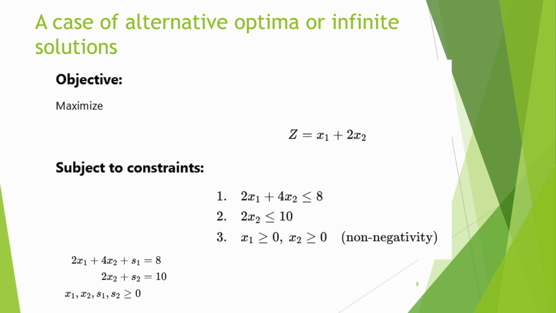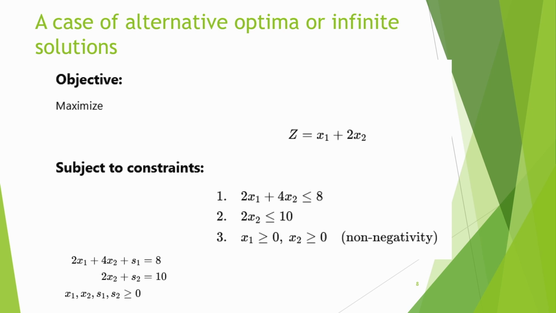Now I am discussing another case, a case of alternative optima or infinite solutions. Already we have discussed that, but to reinforce it, I am taking another example. So you see the objective function: maximize z is equal to x1 plus 2x2 subject to constraints 2x1 plus 4x2 is smaller or equal to 8, and 2x2 is smaller than 10, and x1 greater than 0, x2 greater than 0, non-negativity.